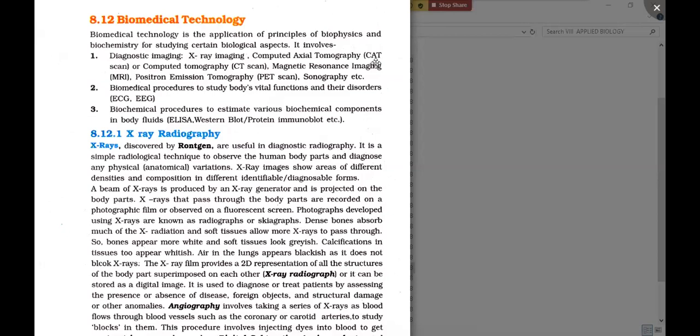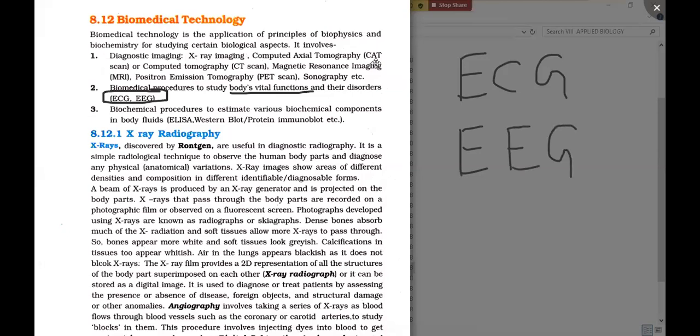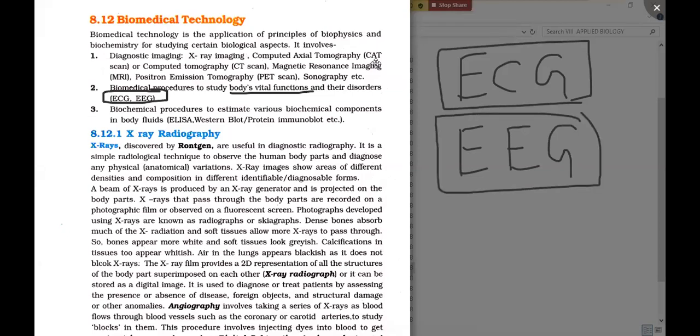And the biomedical procedures to study the body's vital functions and their disorders, like ECG and EEG. ECG means electrocardiogram. EEG means electroencephalogram. ECG is meant for the heart and EEG is meant for the brain.